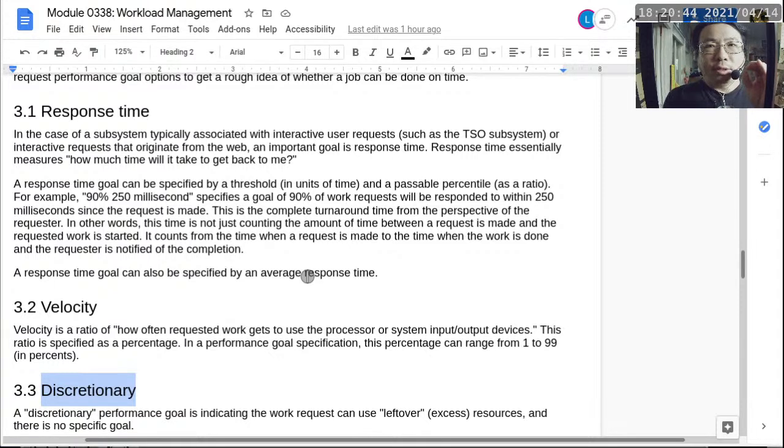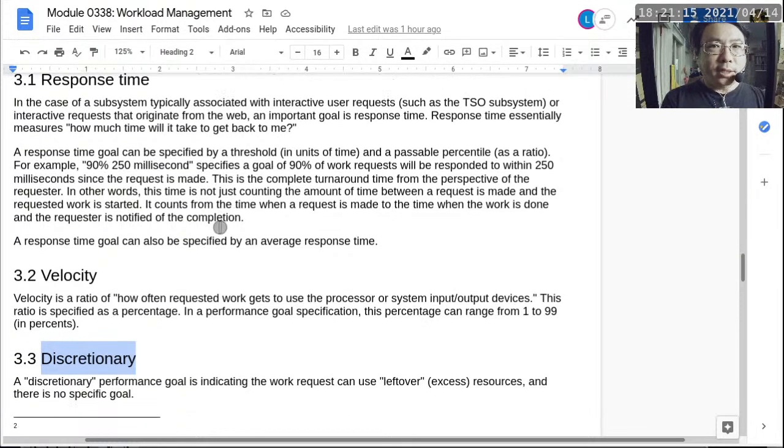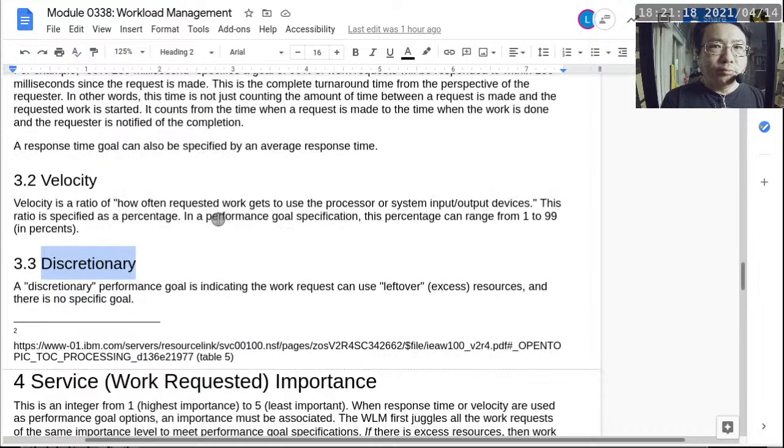So in the service class screen, if it gives you an option of what kind of performance goal you want to use, that implies that you can only specify one of the three. On the other hand, if it gives you the fields, and they're all empty, and you can specify more than one at a time, especially the first and the second one, then I would be wrong to say that you can only have one of the three. So I can look into that and come back with an answer.